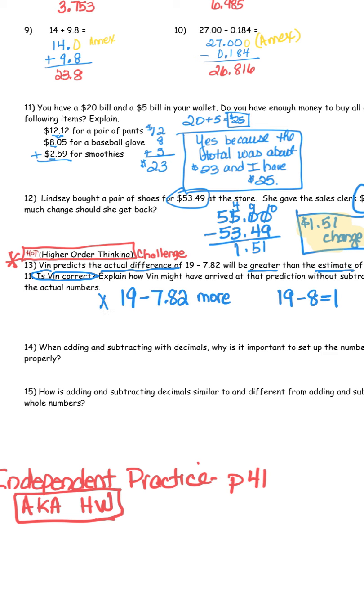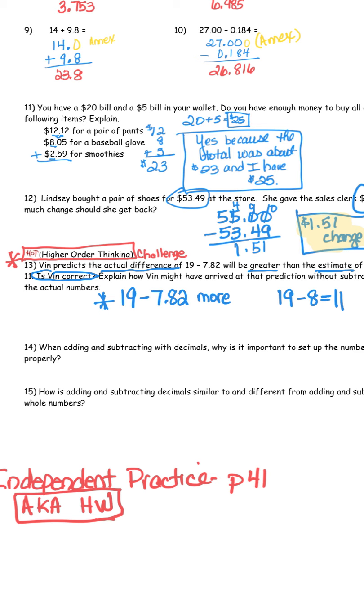He's saying that this is bigger, and he's not doing the actual math. But he's saying, hey, this one here, 19 minus 7 and 82 hundredths, is going to be more than 19 minus 8 equals 11. He is correct. Why do you think that?